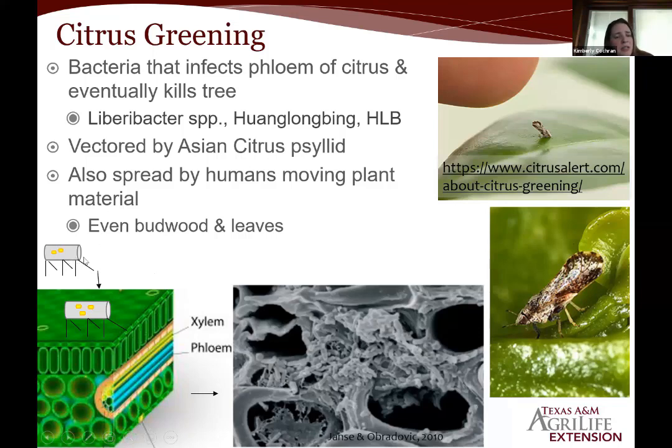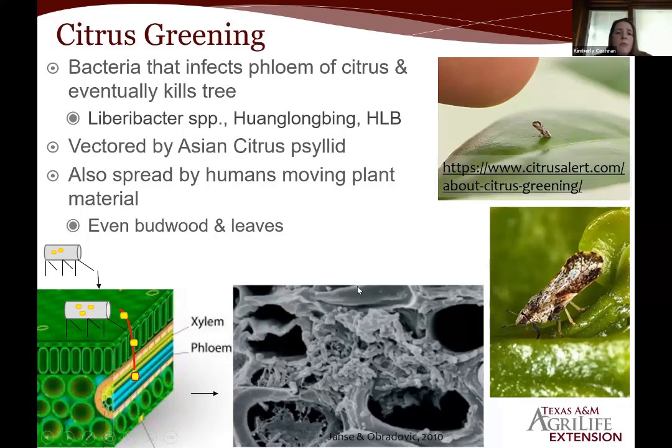So here's our little psyllid, and it has bacteria in it that it's ingested from an infected plant. That bacteria can multiply, and then as that little psyllid goes to a new uninfected plant, it uses its mouth parts to feed on the phloem of the vascular tissue, and the bacteria is transmitted down its mouth part into the phloem.